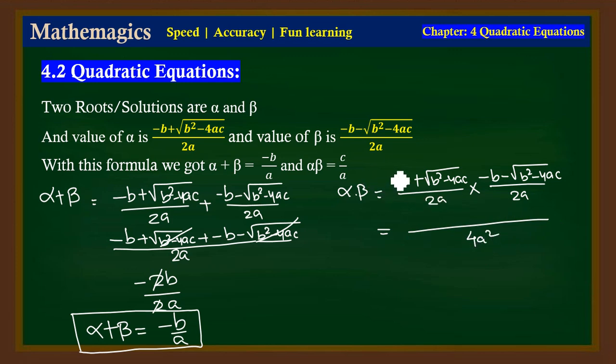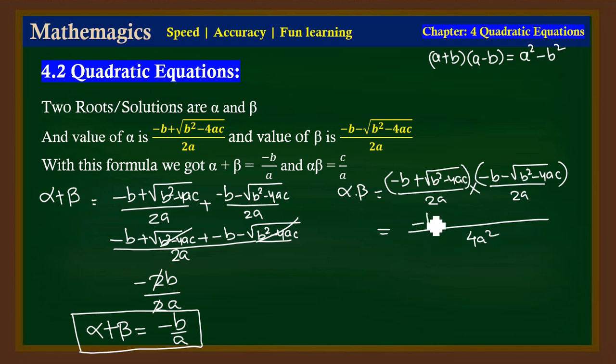And if I keep the numerator in brackets, I will use one identity that we learned in class 9th, that is a plus b into a minus b is equal to a square minus b square. Dear friends, the same formula we are going to use, by considering minus b as a and under root of b square minus 4ac as b. So a plus b into a minus b is equal to a square minus b square.